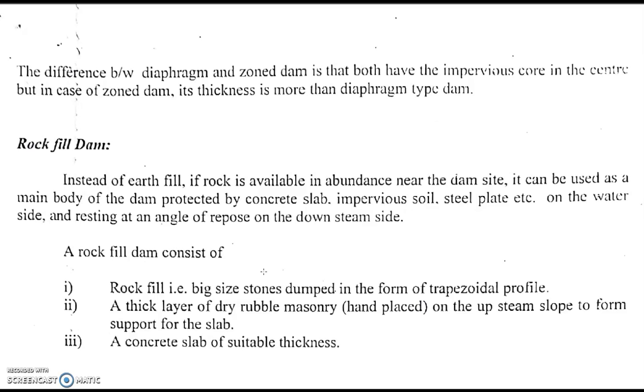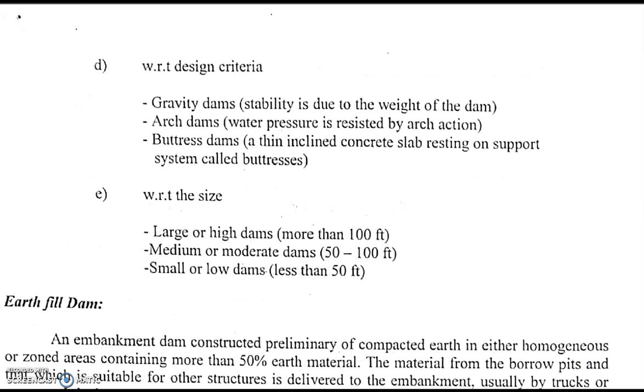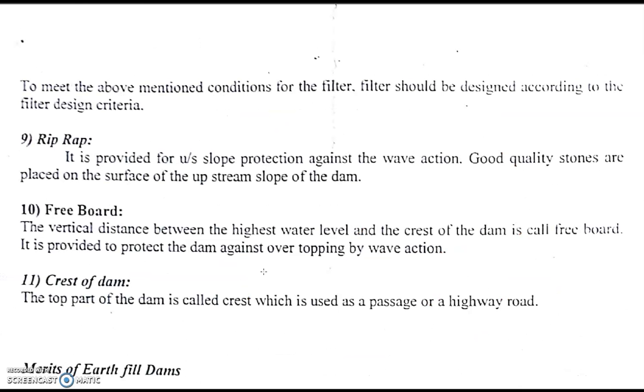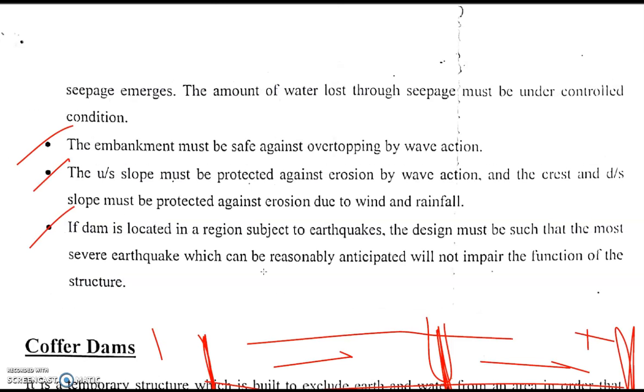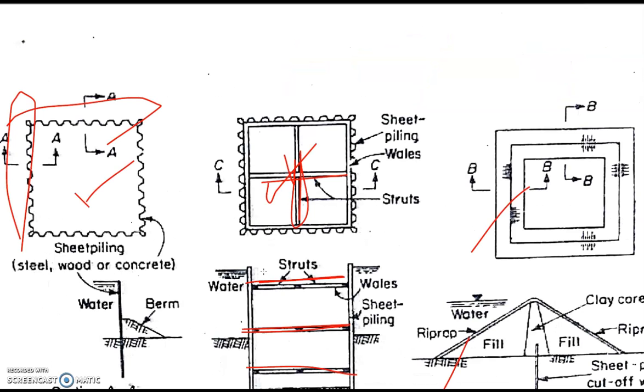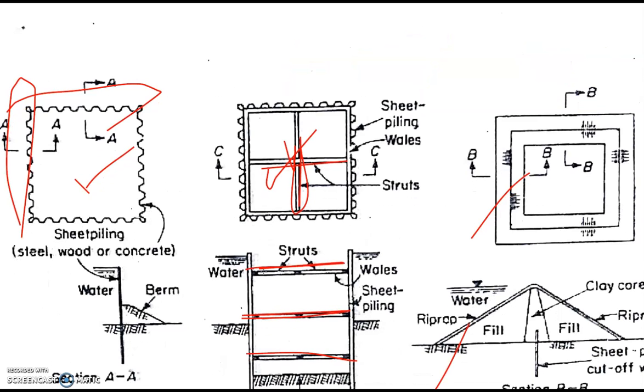Then we discussed various types of dams. This is very important from the examination point of view. And then we discussed the types of cofferdam, the functioning of cofferdam, and its various types through schematic illustrations, through diagrams like these ones.